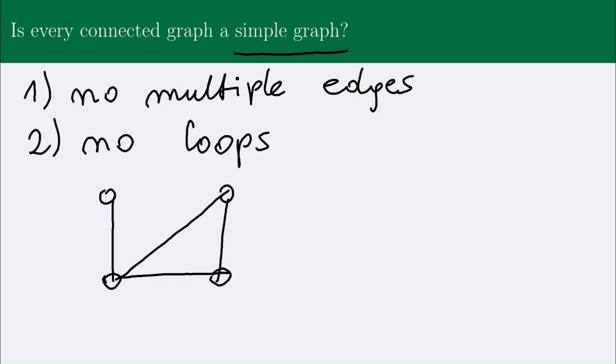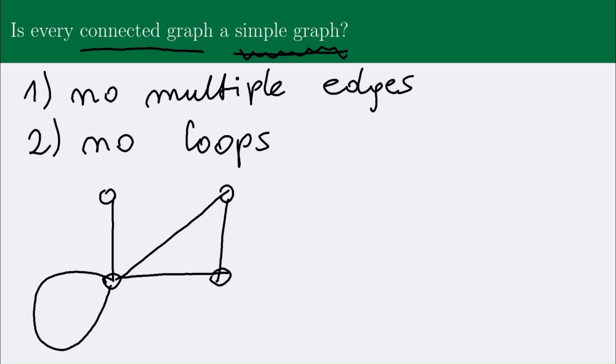So the idea is to add something to this graph to save connectivity, but to destroy the property of being simple graph. How to do it? For example, we can draw a loop.